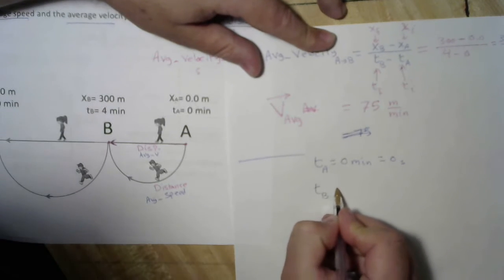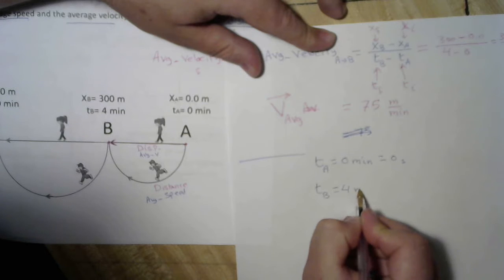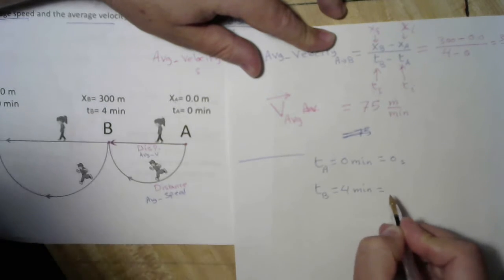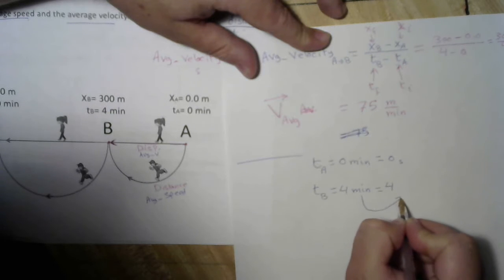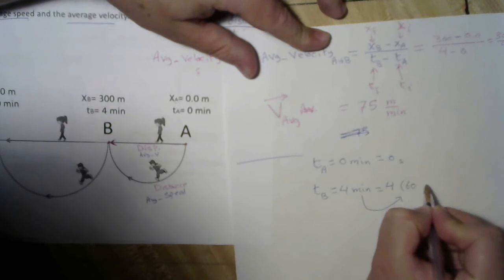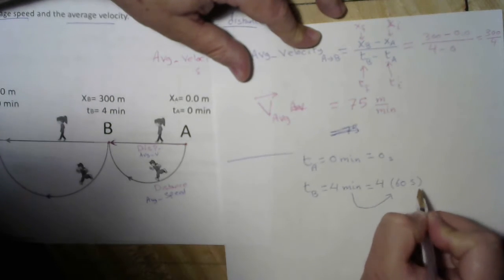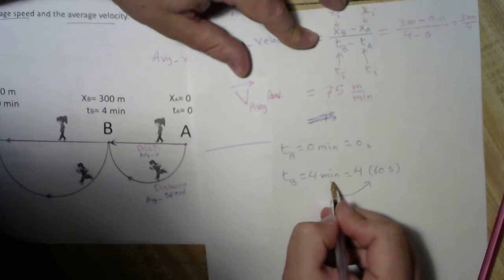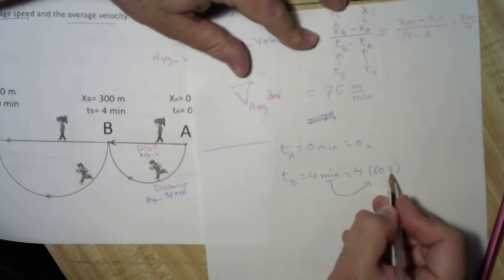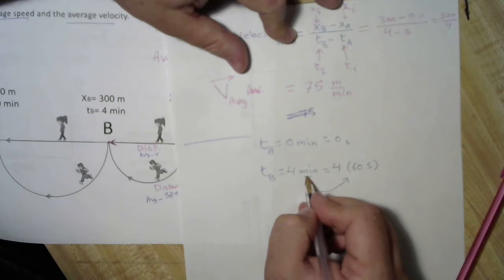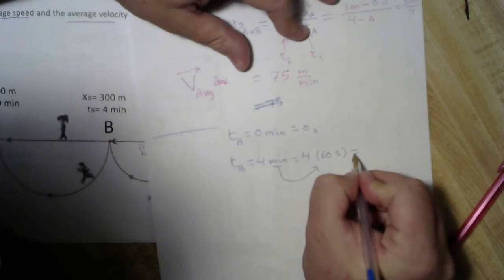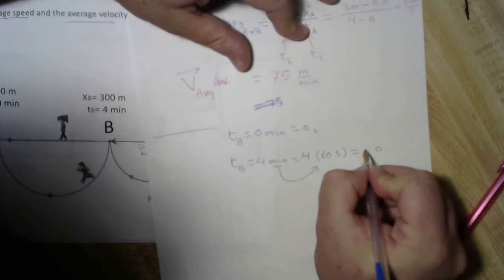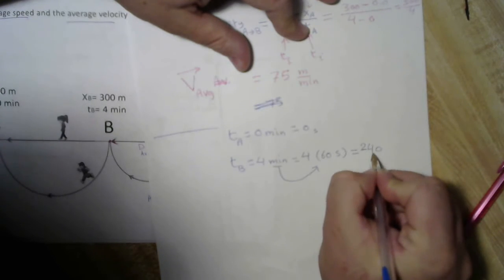TB is equal to 4 minutes, and each minute is 60 seconds, so TB is equal to 240 seconds.